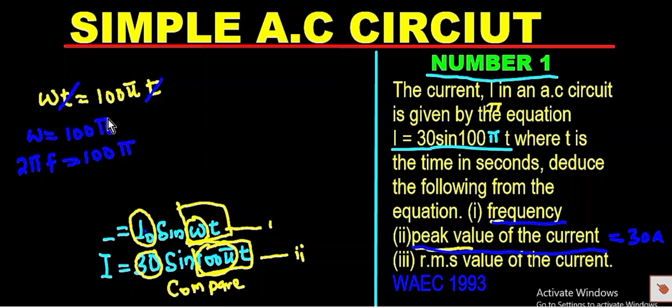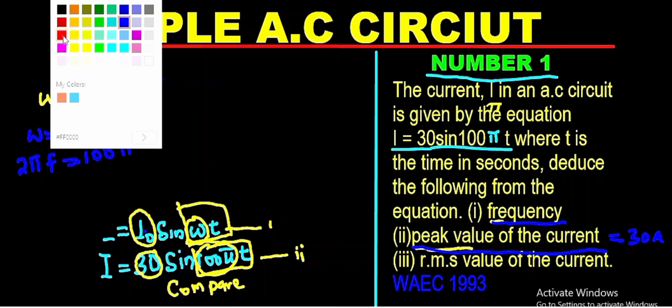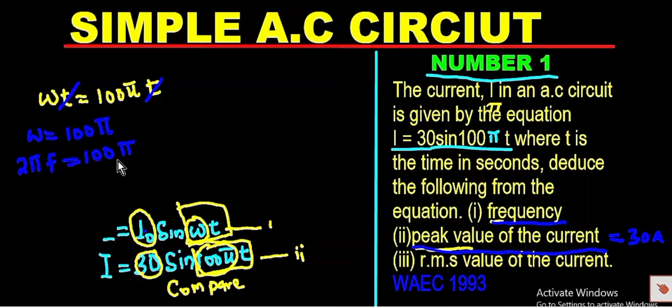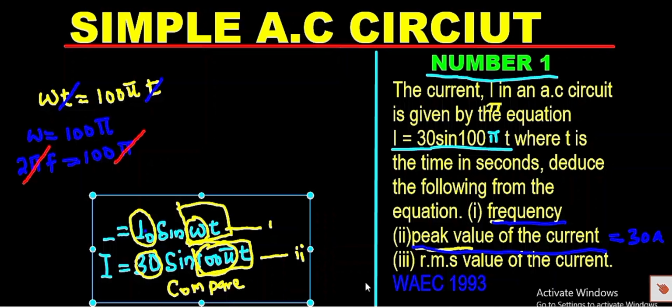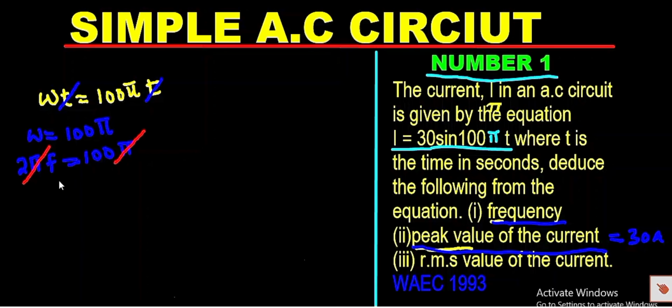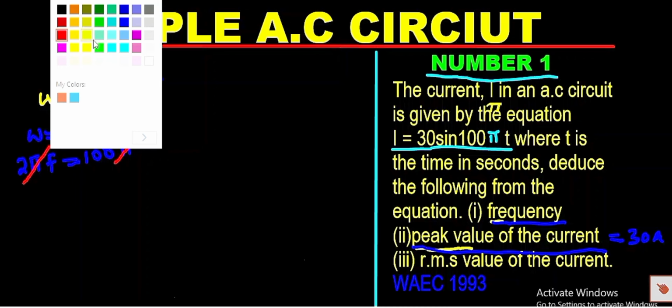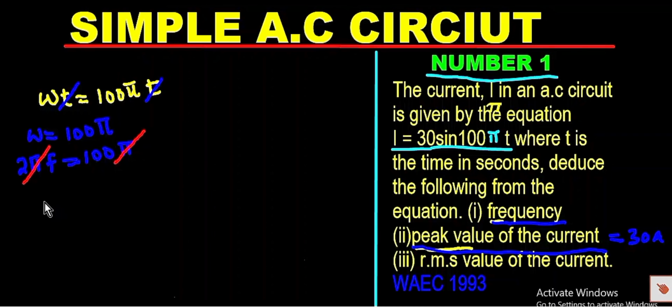Okay, now remember also what I have been doing. Since pi is on this side of the equation and pi is on this side of the equation, they will cancel because they will divide each other. Another way of saying it is dividing both sides by pi, and when you do that, I'm going to have that 2f is equal to 100.